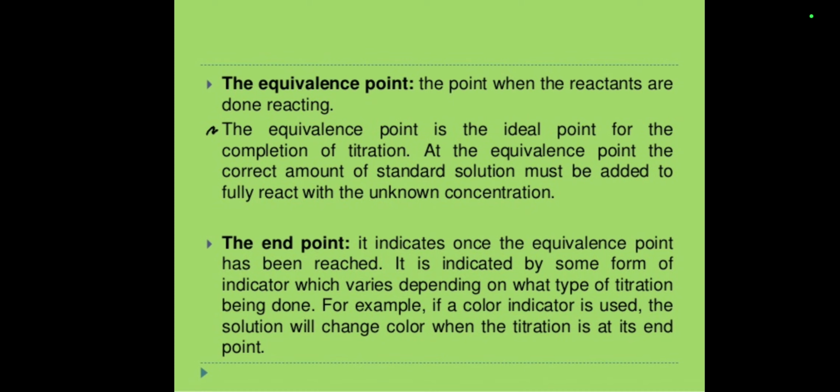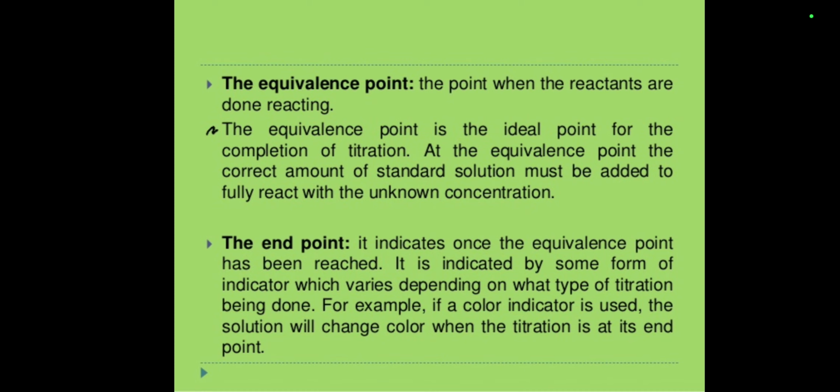While the end point indicates that the equivalence point has been reached, it is shown by some form of indicator, which varies depending on what type of titration is being done. For example, if a color indicator is used, the solution will change color when the titration is at its end point.